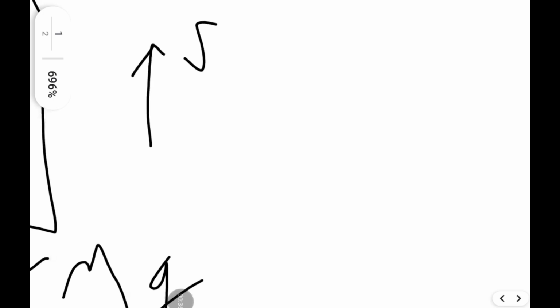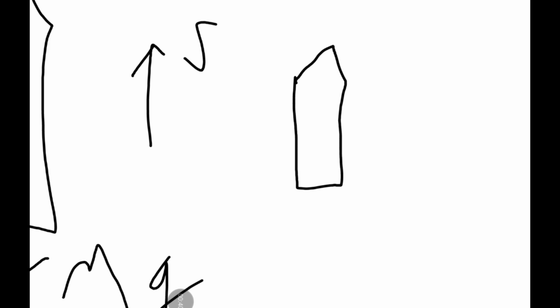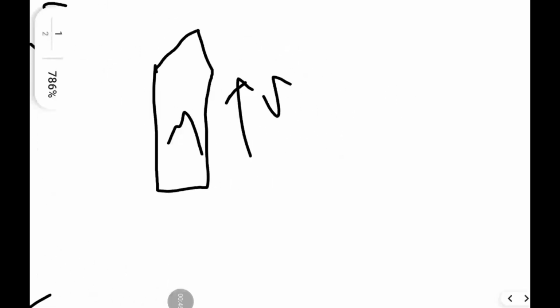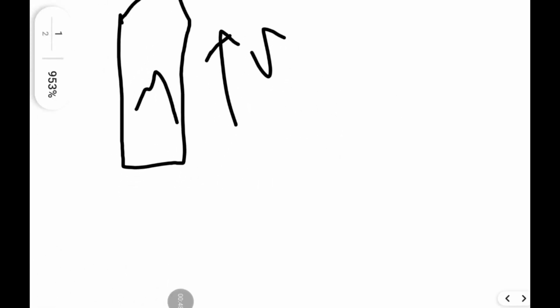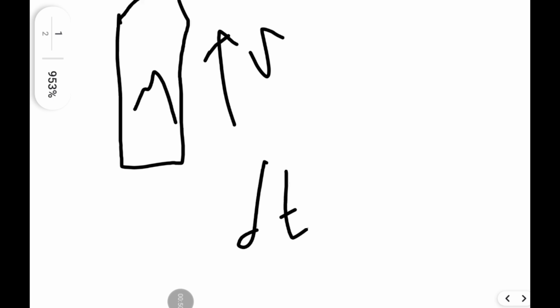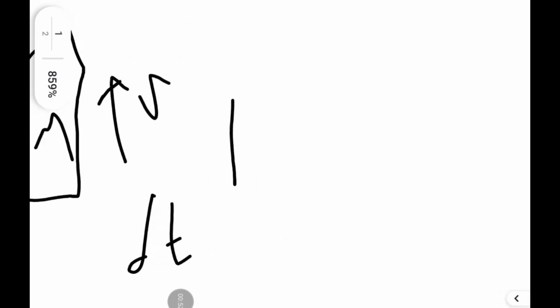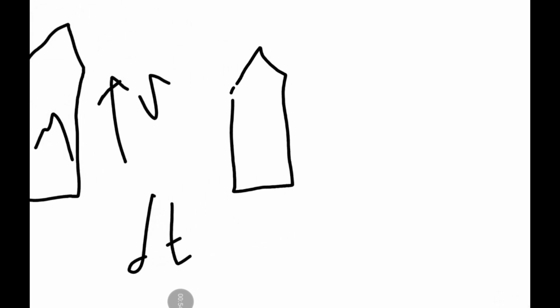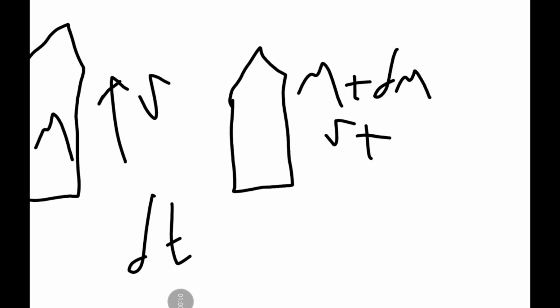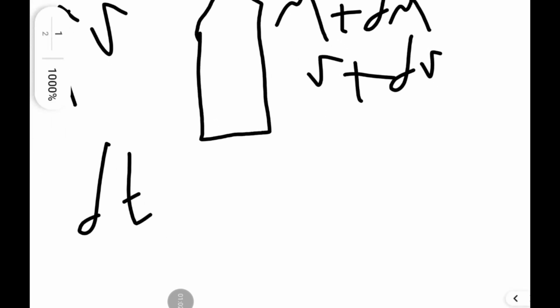Now, if we look at the system like this, we have the rocket first of mass m, and its velocity v, and then after dt, an infinitely small change in time, we get the next system where the mass is m plus dm, a change in mass, v plus dv, but we also have the fuel ejected.